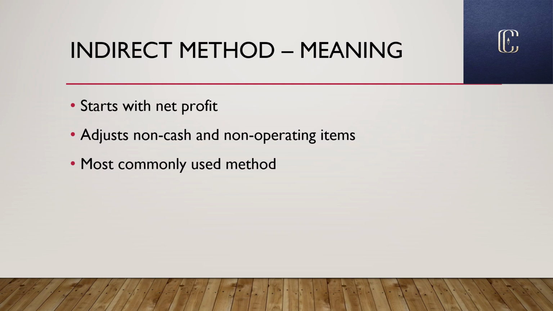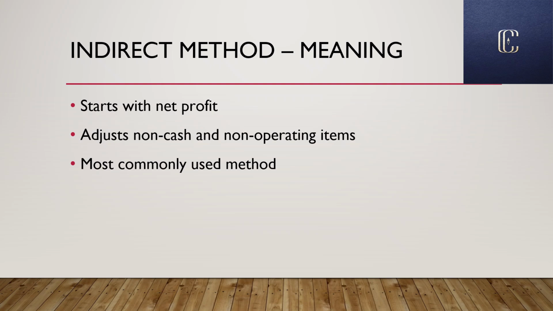Indirect method is a method of preparing cash flow statement where we start with net profit and then make adjustments to arrive at cash flow from operating activity. So the logic is profit, then we make adjustments and we identify the actual cash. That is why it is called indirect. It is not the direct method, it is the indirect method.